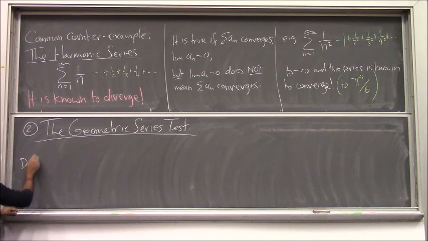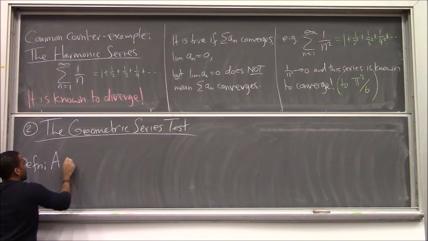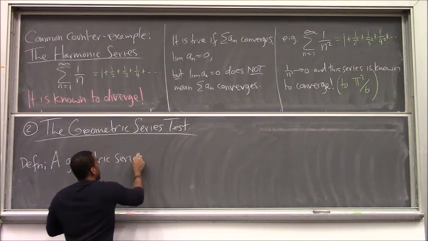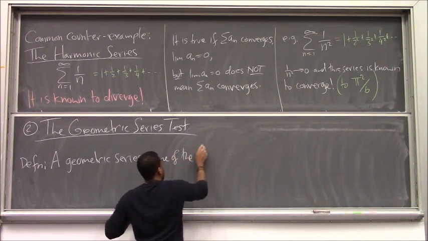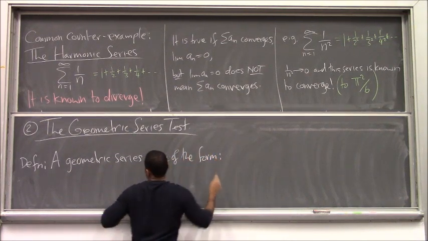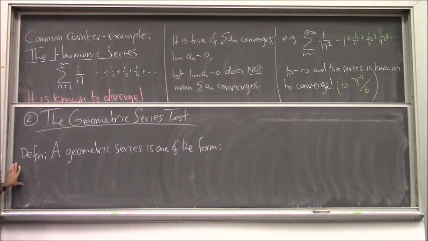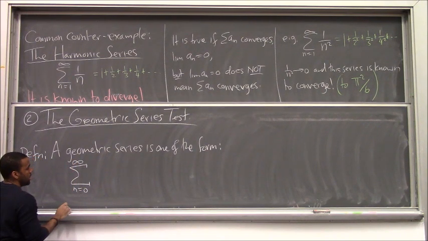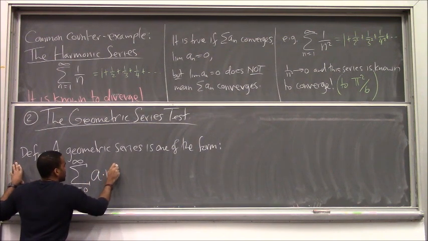But first, what a geometric series is. It has a very specific form. There are two ways that it's usually expressed. One, it can be a series going from 0 to infinity, and then the terms would look like a times r to the n.